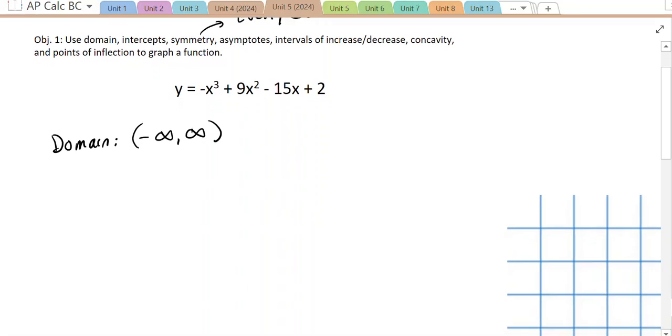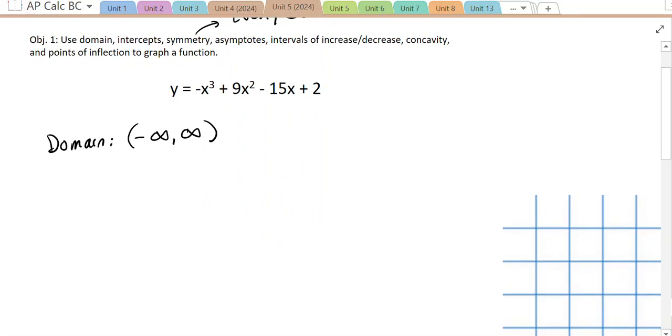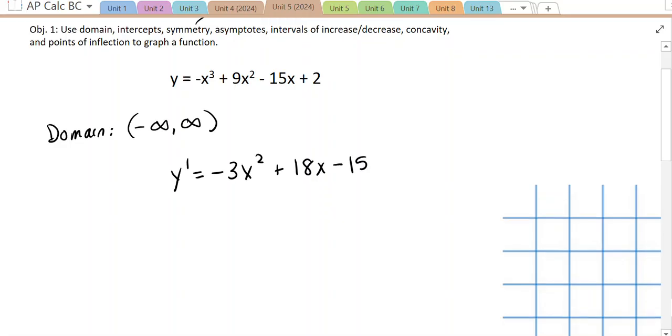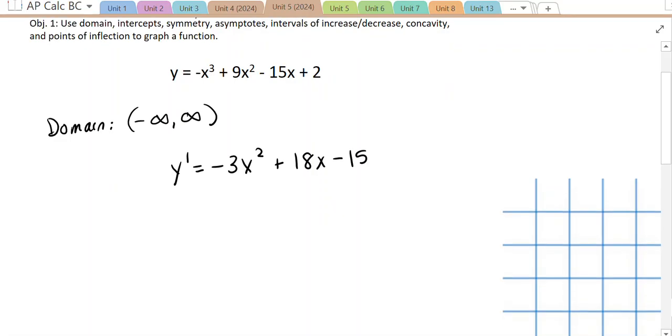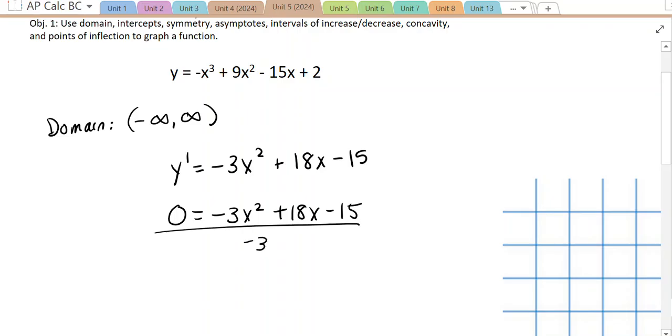So now I'm going to get into my intervals of increasing and decreasing. The first derivative here is negative 3x squared plus 18x minus 15. To find those intervals of increasing and decreasing, we're going to set that derivative equal to 0 and solve. I like to divide by a negative so that I have a positive.